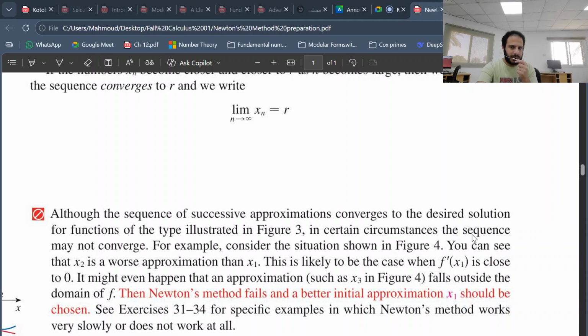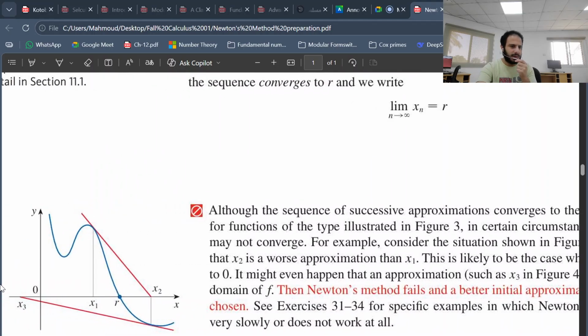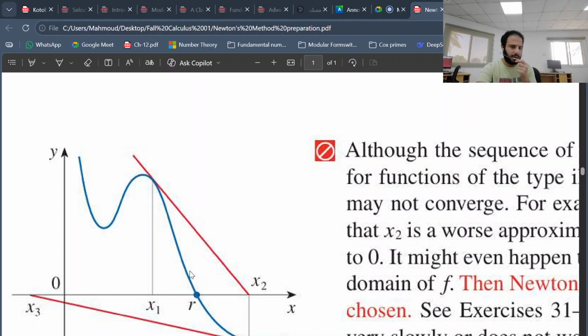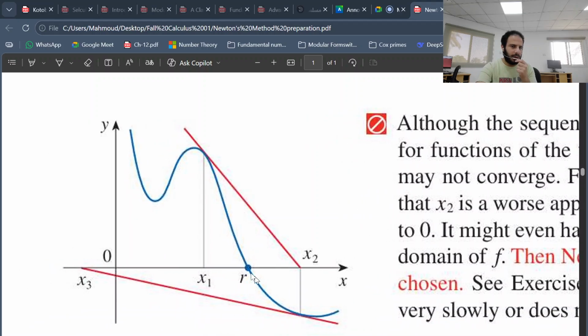In certain circumstances, the sequence may not converge. For example, consider the situation shown in figure 4. See figure 4 here. For example, I want to approximate R, right? You choose x1, you draw the tangent line, you get x2. Then draw the tangent line for x2, you get x3. But see, x3 is not good, right?